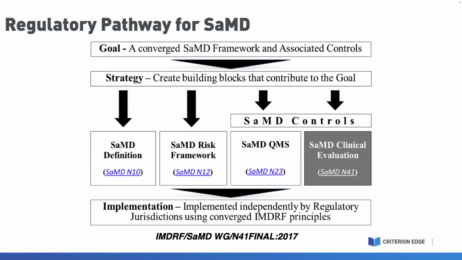These documents are going to provide some of the harmonized principles for adoption based on your own regulatory framework. And really, the goals and strategy and the basic overlying principles and concepts for this harmonized software framework are illustrated by this figure.